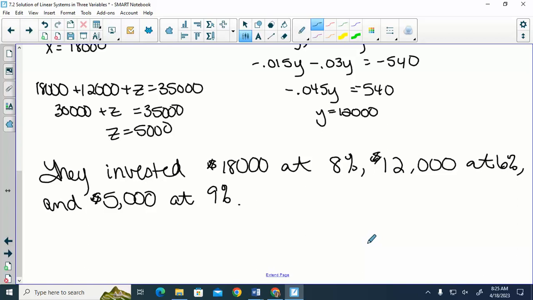Make or break of that problem. It was longer, but same process that we've been doing.